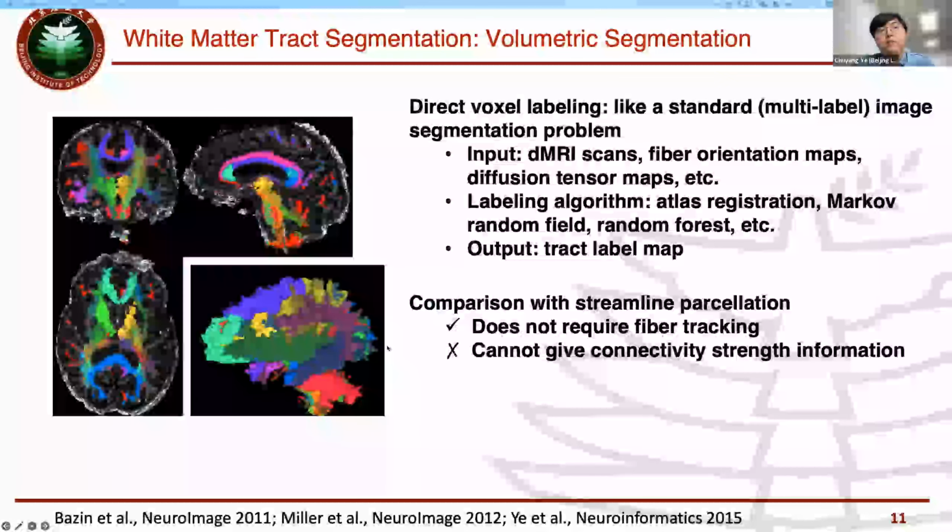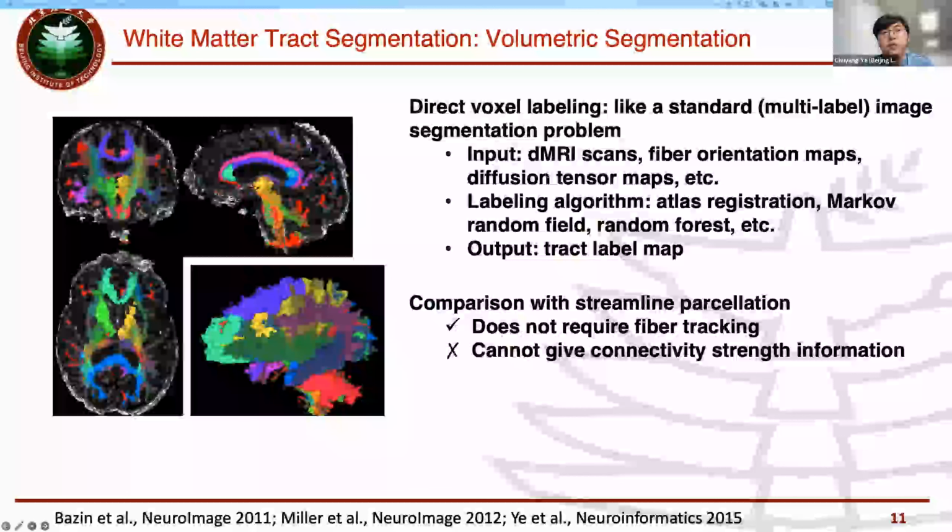Here is actually another way of doing the white matter tract segmentation, which is volumetric segmentation. If you're familiar with image segmentation, this concept is very similar to conventional standard image segmentation. What we can do is directly label the voxels like a standard image segmentation problem. We don't need to do the tractography.